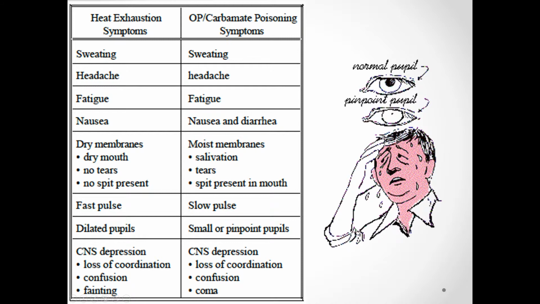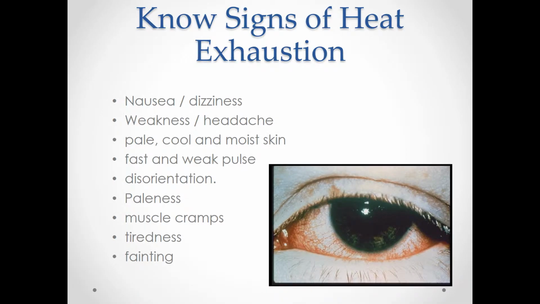If you go down through this list: fast versus slow pulse, dilated, which are large pupils, or small or pinpoint pupils, and then loss of coordination, confusion, fainting, or coma. The main key differences are right in this area. You need to know these and be prepared to act accordingly. So, heat exhaustion. We went over these in the previous slide.